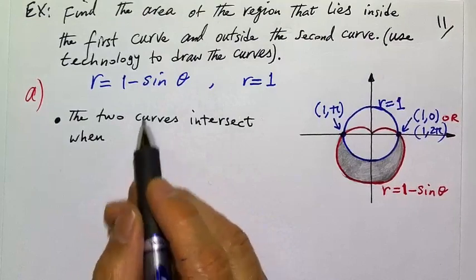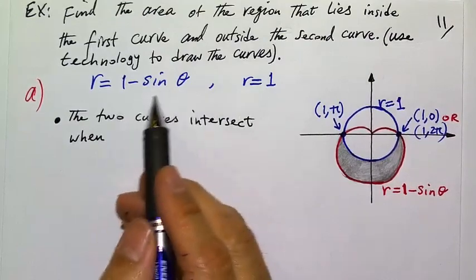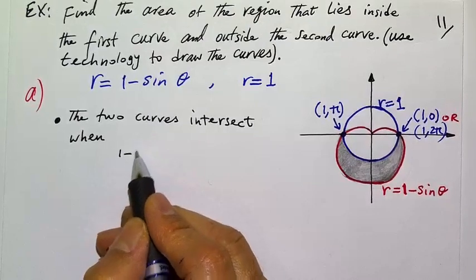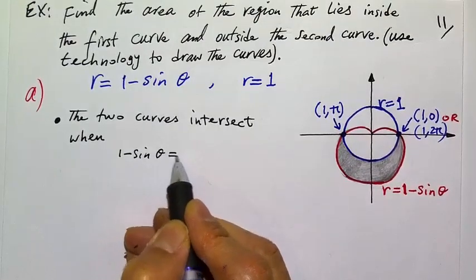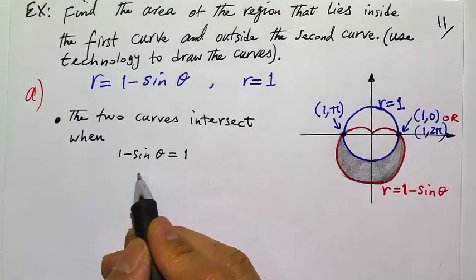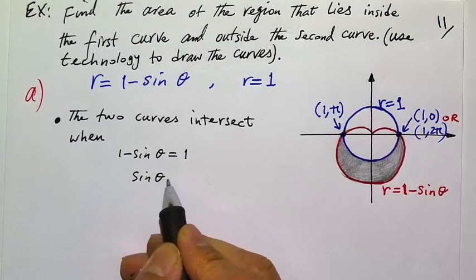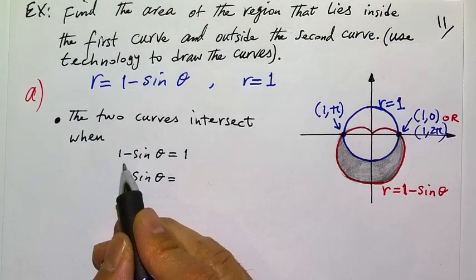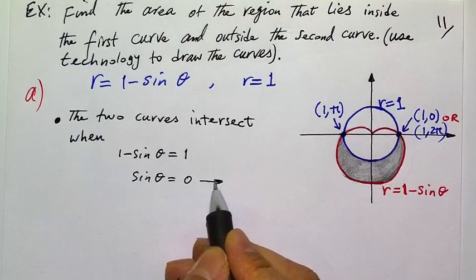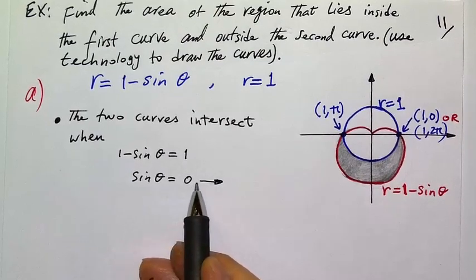So let's just go through this, because we're going to have to do this again and again for the upcoming examples. So 1 minus sine theta equals 1. Let's solve this. We get sine theta equals 0, since 1 minus 1 is 0. So when will we have the sine of an angle equal to 0?